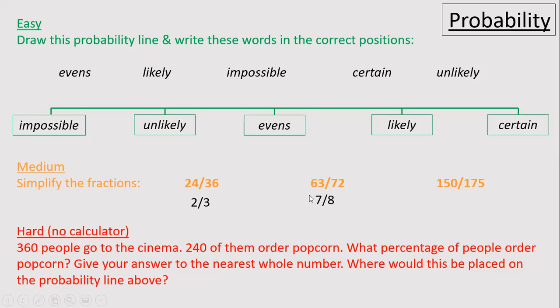So 7 times 9 is 63. 8 times 9 is 72. So that's how that's been worked out. And if we look at the last one, we've got 150/175. We've got 6/7. Can you think what number may have gone into the top and bottom there if you haven't already got it?